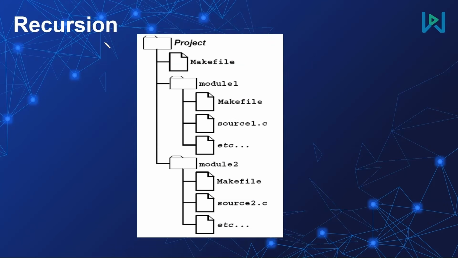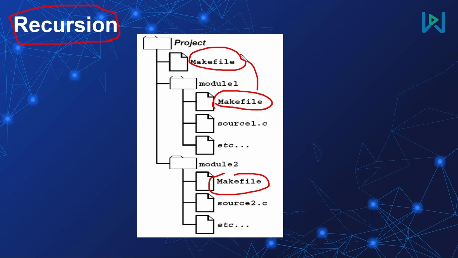Now, another characteristic and aspect supported by our Make build tool is recursion. Recursion means the ability to trigger the execution of other Make commands within a top-level one. This is an example of a project that consists of a top-level Makefile, then 2 submodules.